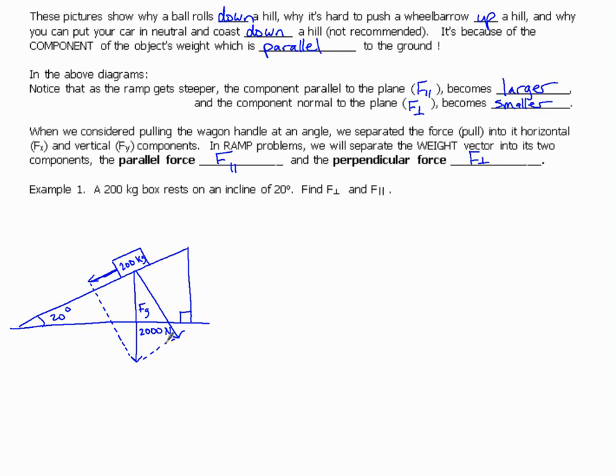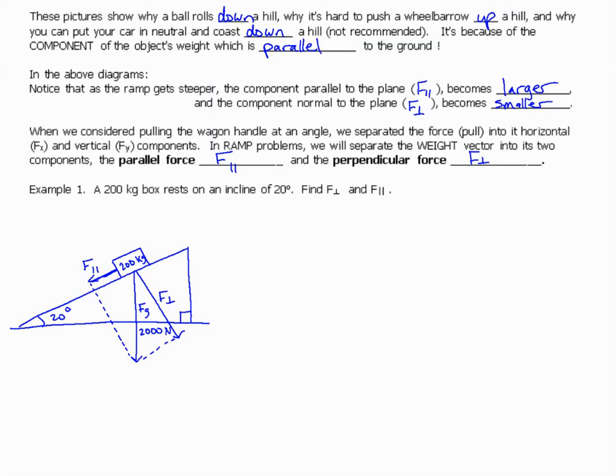So this is our parallelogram. It's basically working backwards from when we found the sum vector. So the weight is the sum vector here. And so this one will be the force that is perpendicular, the force that is holding it against the ramp. This one is the force parallel, which is the force that is trying to pull it down the ramp.